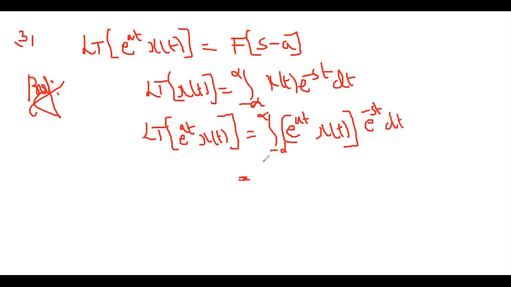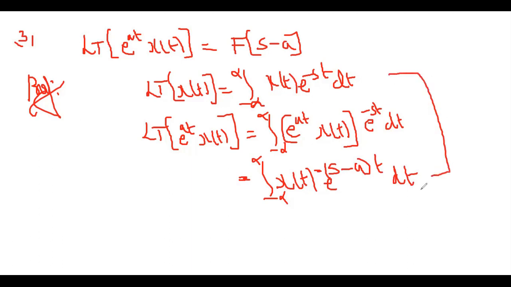That is equal to the integral of x of t e power, taking the common factor, minus s minus a into t dt. So now observe here, it is similar to the Laplace transformation definition only.